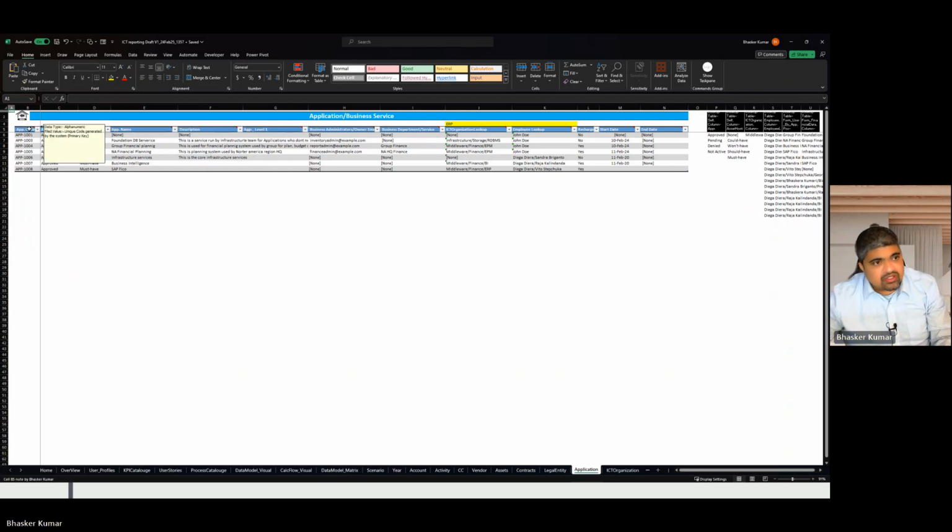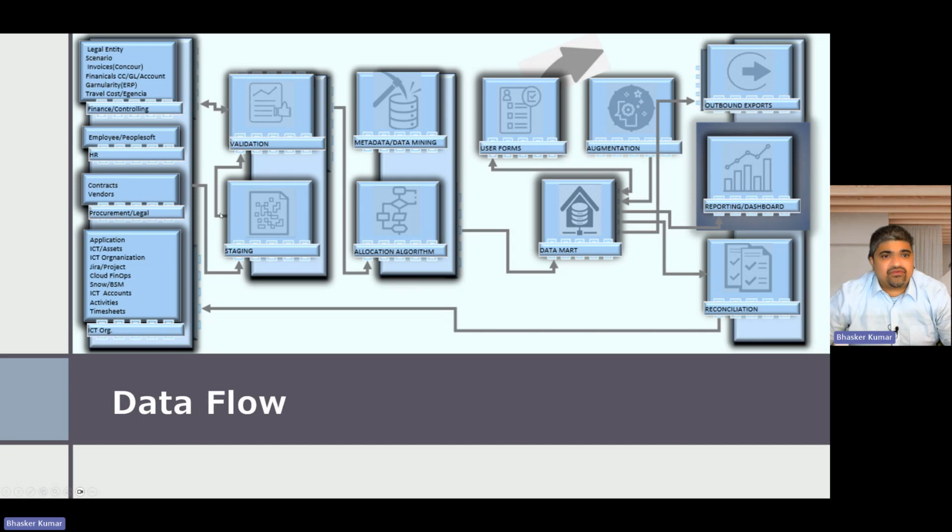So going back to the slide. Once we have collected all this information, we stage all this data. We do some validation to see if the data quality is good and meets basic standards. If not, we circle it back to the sources.